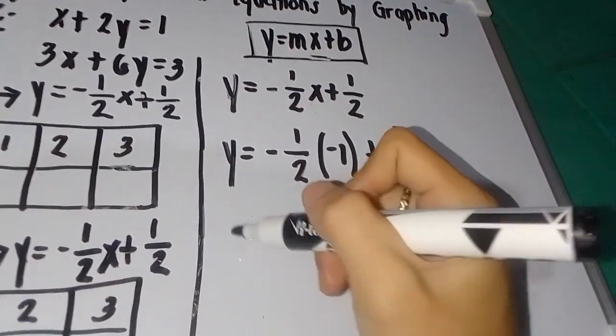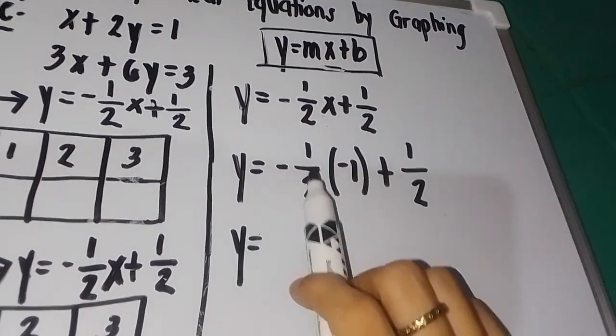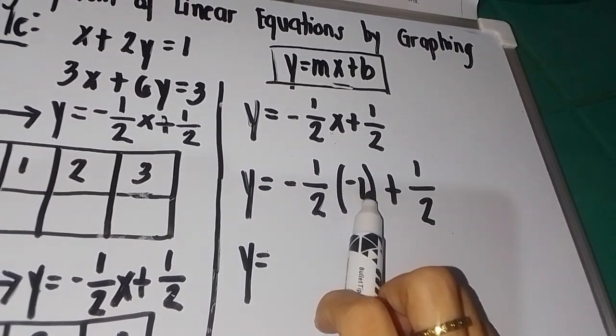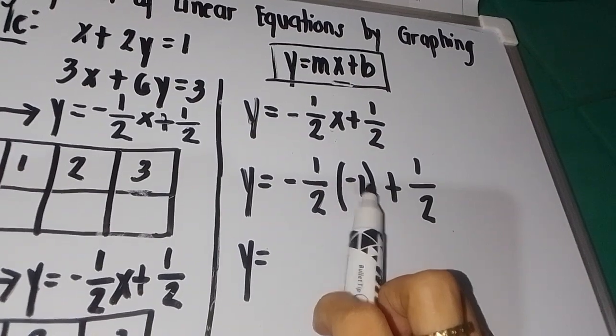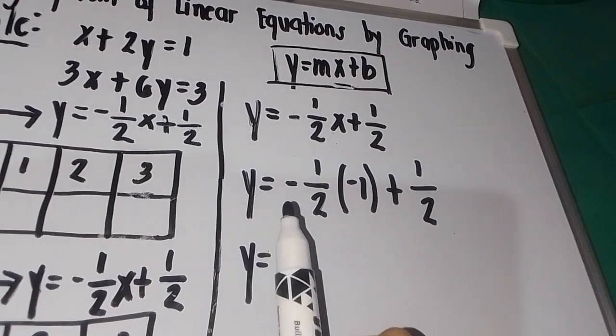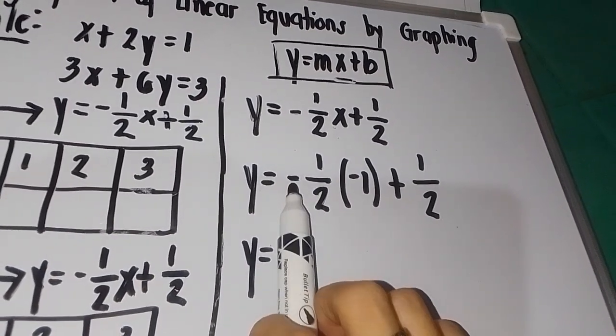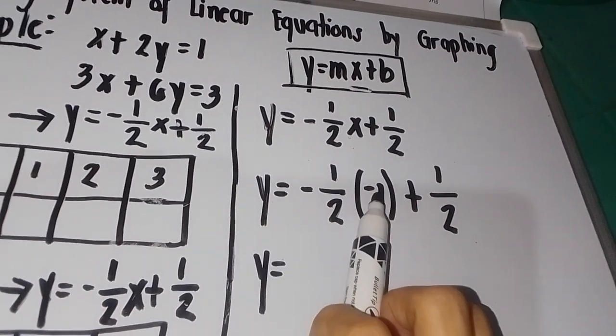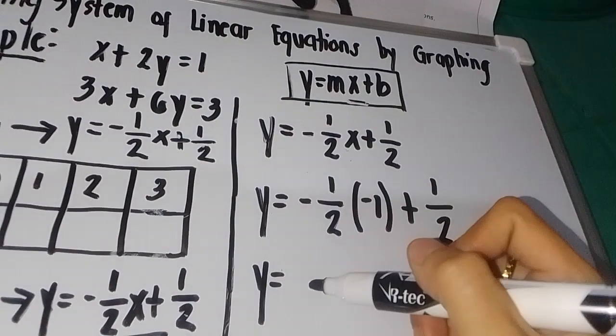Next, simplify. Y is equal to fraction times the whole number. The numerators are multiplied and we copy the denominator. But first, let's look at the sign. Negative times negative is positive.